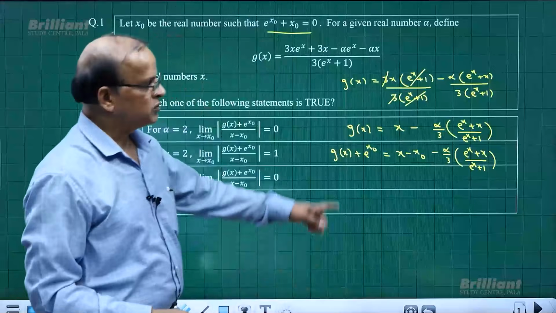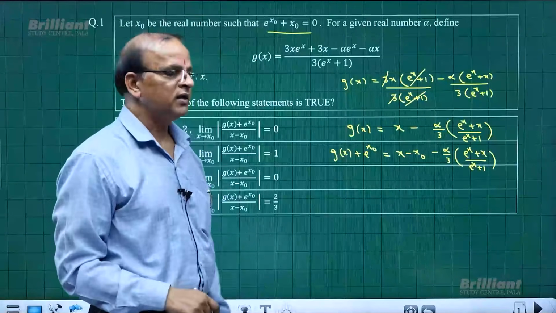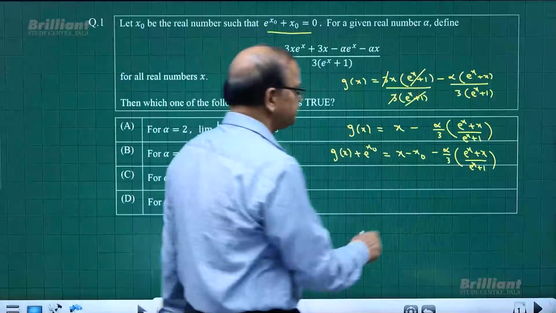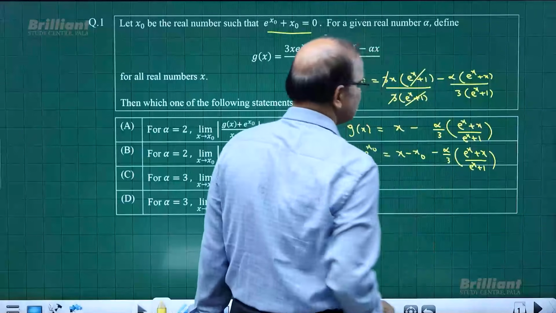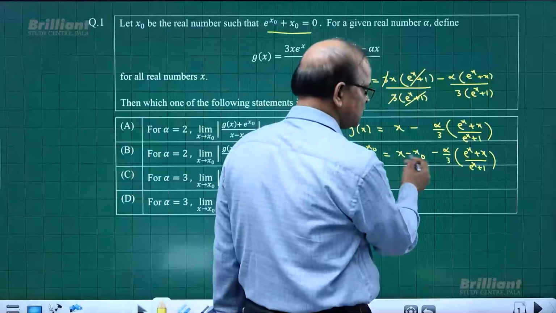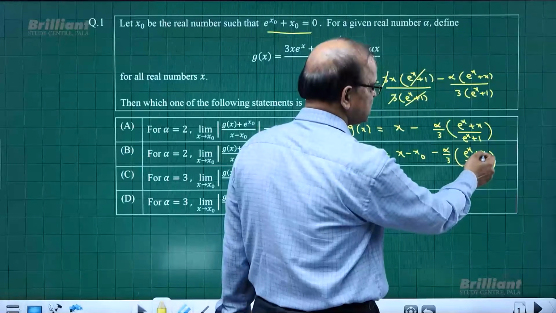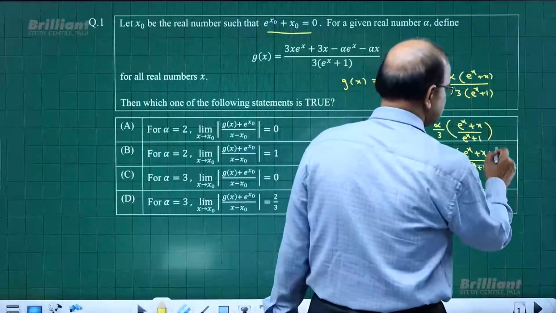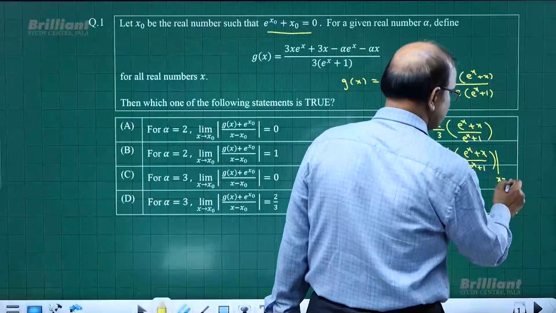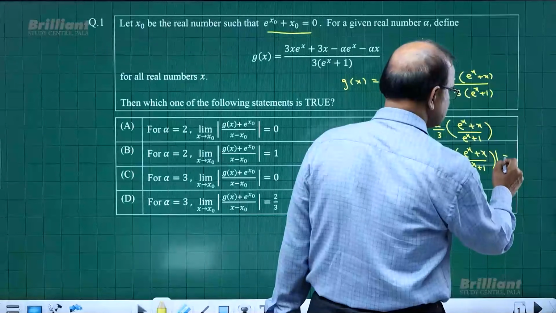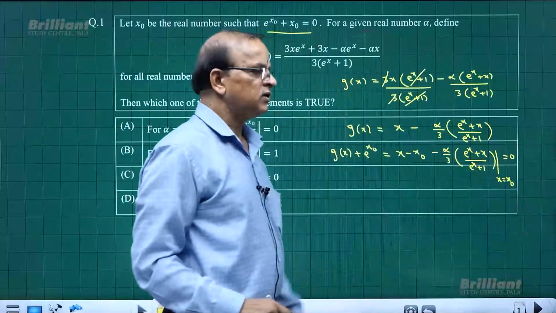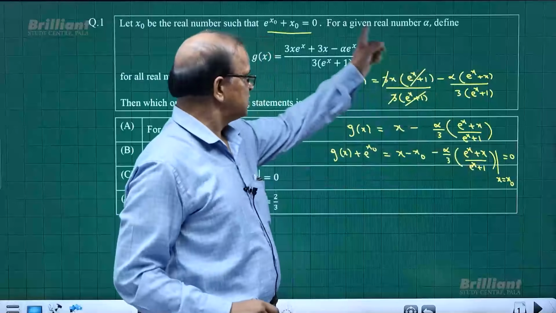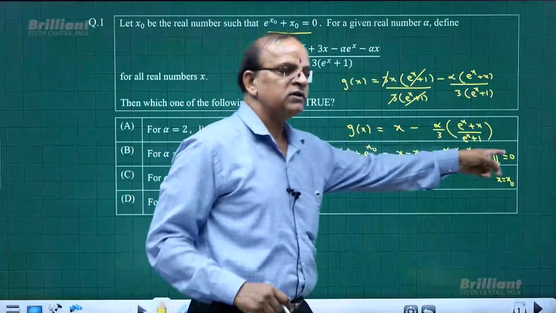Now see, if you put x naught here, this value is 0, because x naught minus x naught is 0, and e power x naught plus x naught is 0, given. So this part is 0.